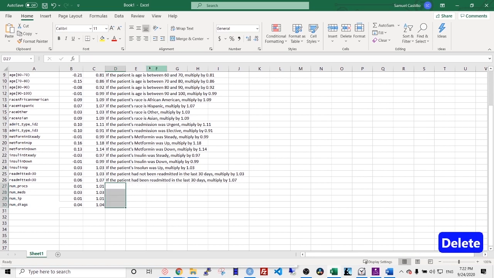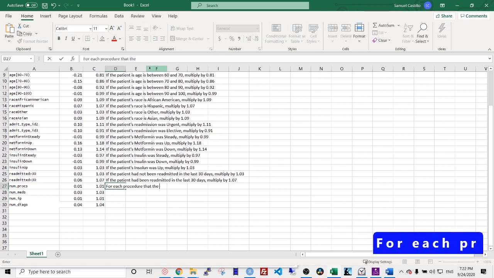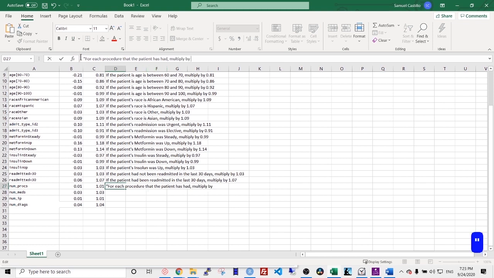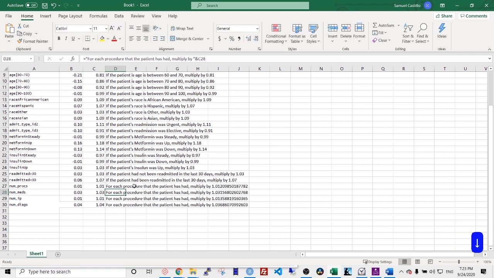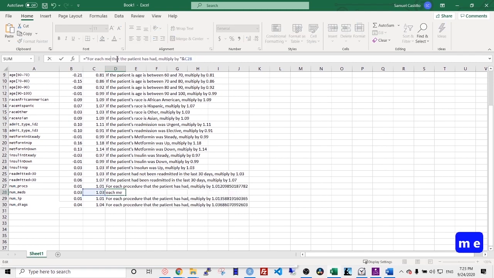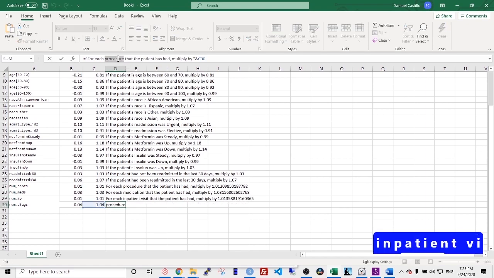So for each number of procedures that the patient has had, you multiply by 1.01. So for each procedure that the patient has had, multiply by, you need to say equals, quotes, and then by the factor. So this is procedure, medication that the patient had, inpatient visit, and diagnosis.